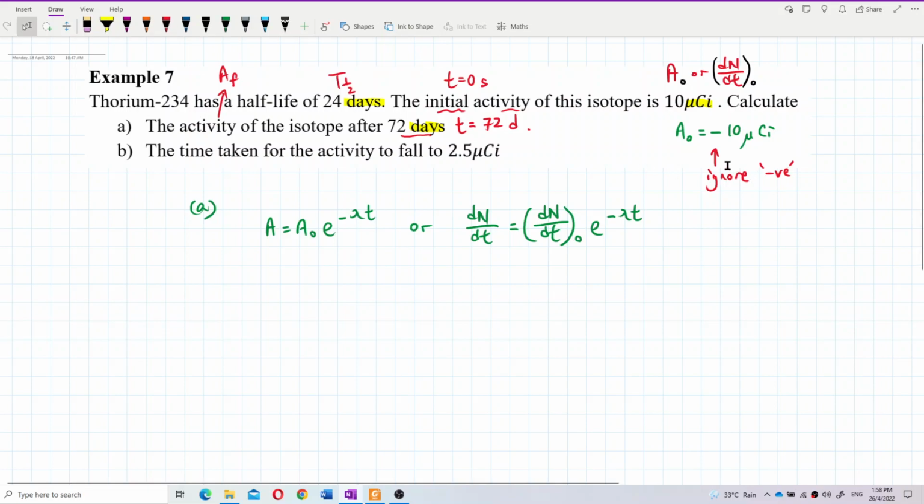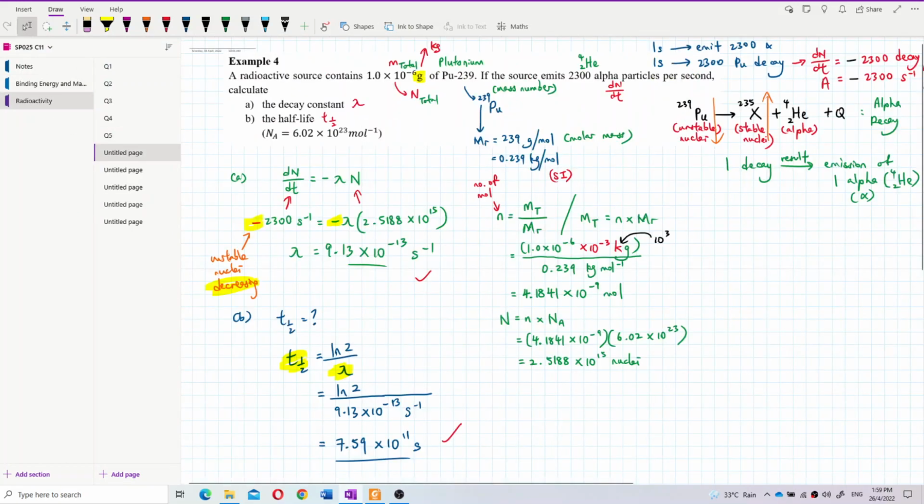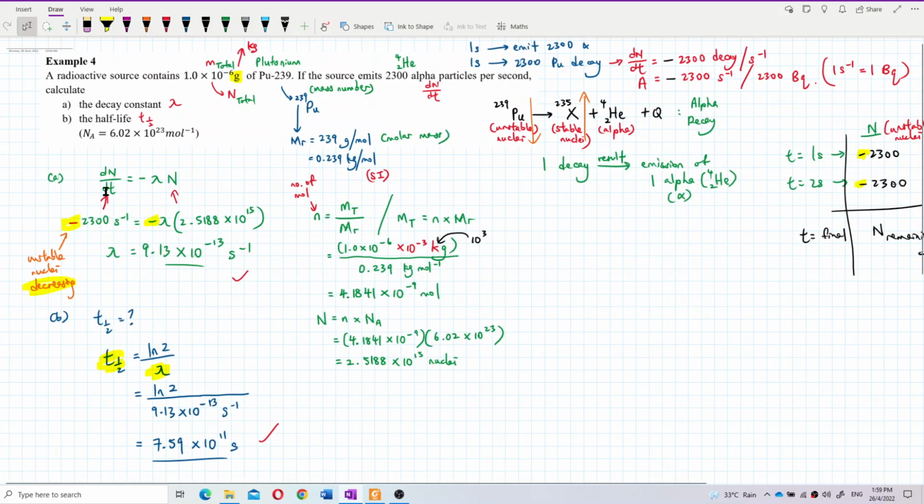This negative means the nuclei decay, the number of radioactive nuclei is decreasing. But to substitute in this equation, we just ignore the negative sign. In the previous questions, when you use dN/dt equal to negative lambda N, you cannot ignore it, you must put the negative sign.